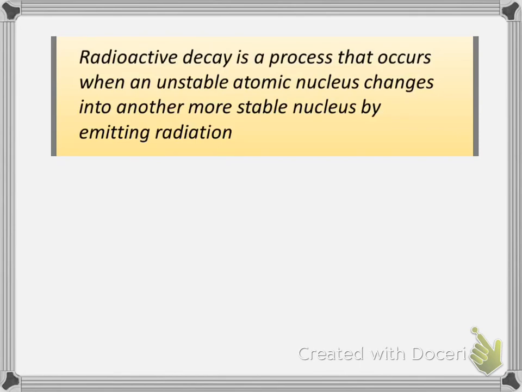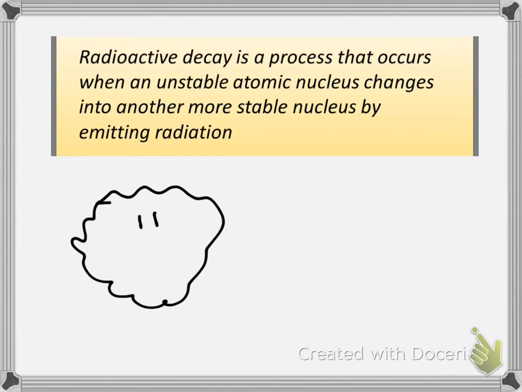All right, so maybe you've seen this symbol before, but you're wondering what is the meaning of radiation and where radiation comes from. So if I have an atom, and this is the nucleus. This is not just any nucleus, but this is what we call an unstable nucleus, or an unhappy nucleus.